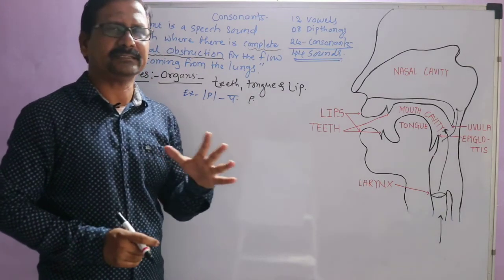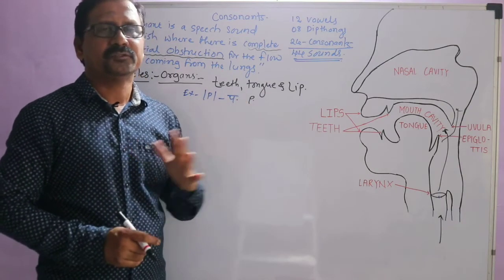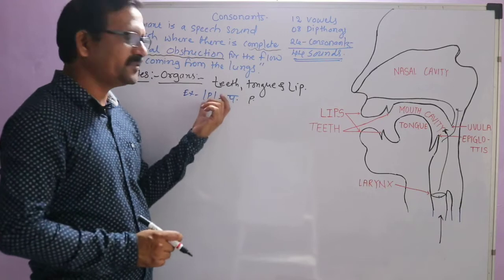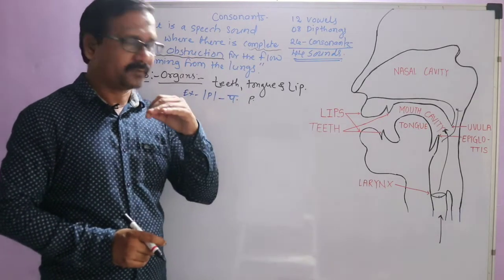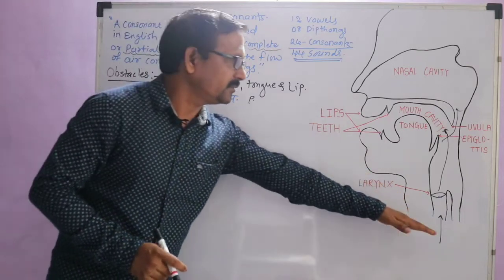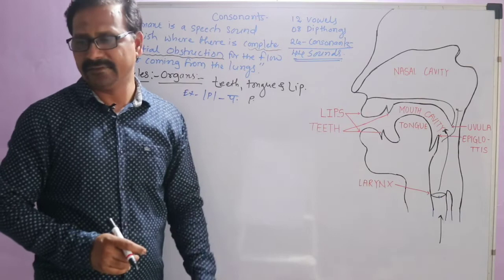In phonemic transcription, we pronounce it as in p. So how is p produced? First of all, it is a consonant sound, and how it is produced, we can see in the figure of speech.